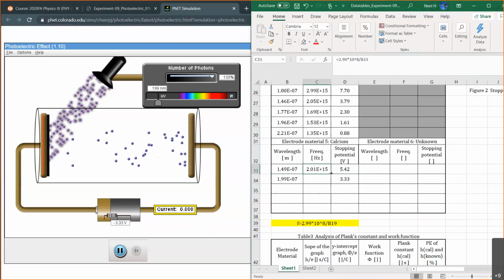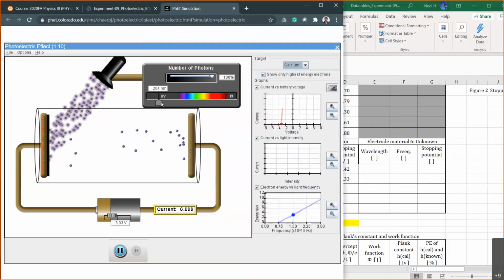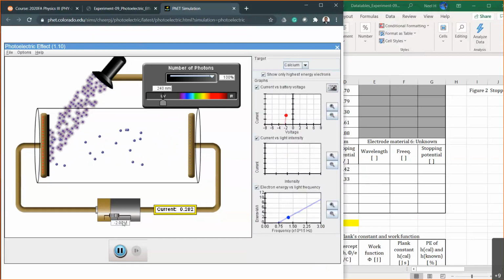Frequency you can click and drag. And the wavelength, let's increase by around another 50 or so. 240. 2.5 reverse voltage, too high.